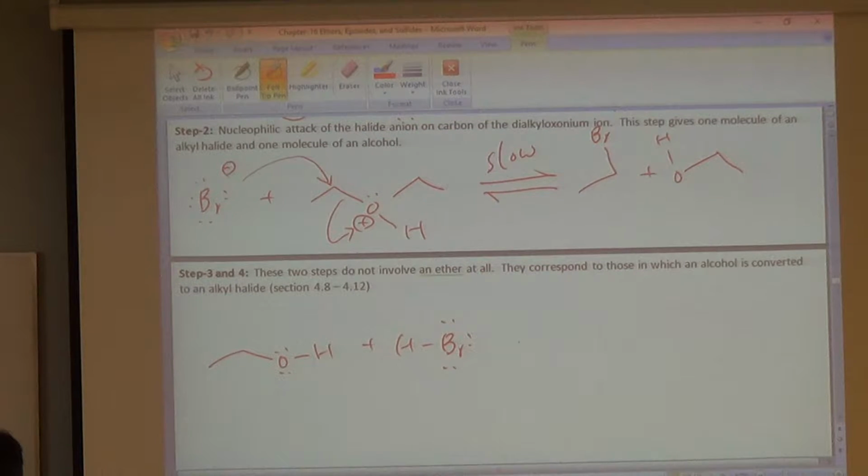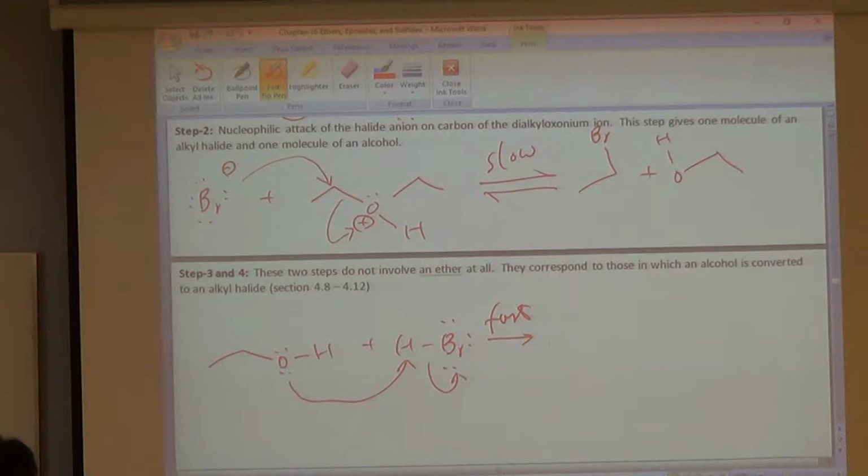You will first also do the protonation of your oxygen, so you take this electron pair and transfer it here, like this. This step is the fastest step.